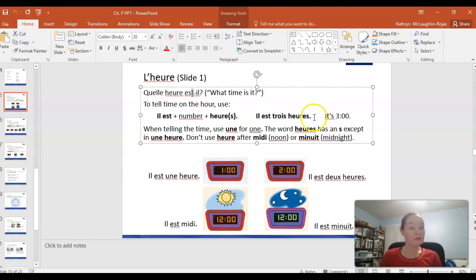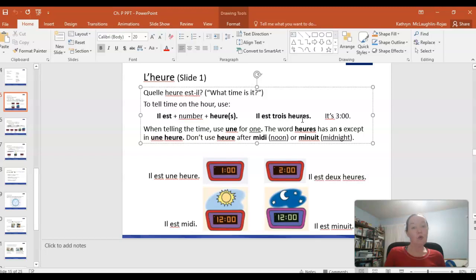So, for example, if it is 3 o'clock, you would then say il est 3 heures. So it is 3 hours. That's what that sentence literally means, but we could translate it as it is 3 o'clock.